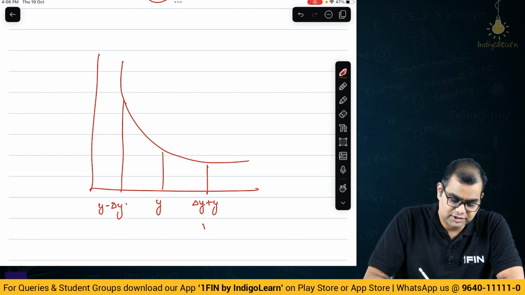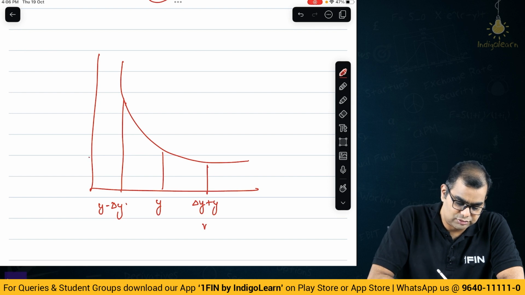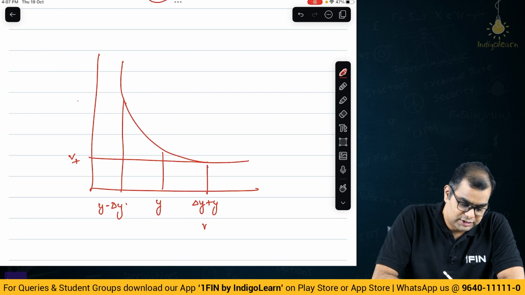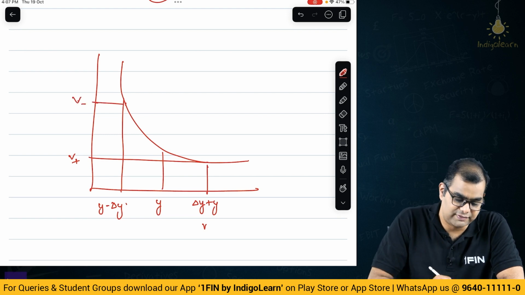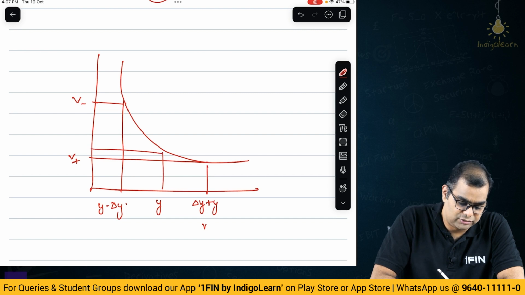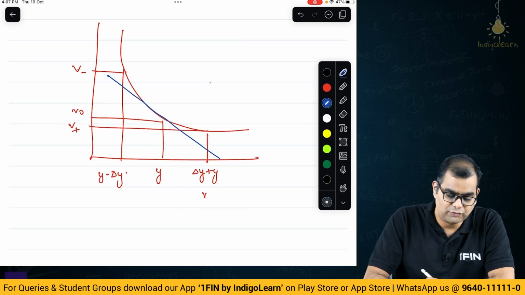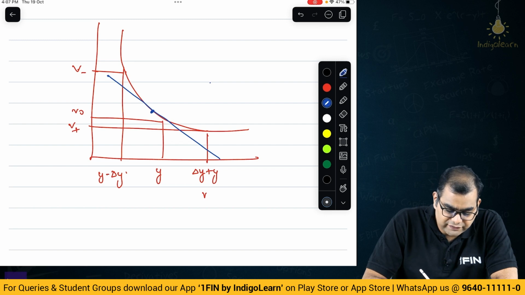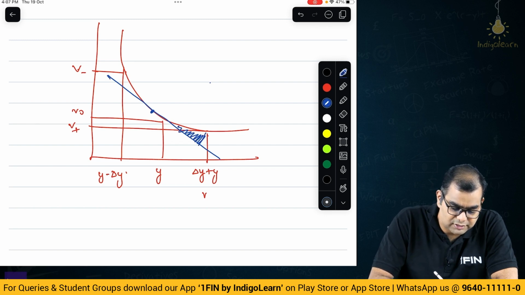This particular value is called V plus, that is when yield increases, what is the value? This particular value is called V minus, that is when yield decreases, what is the value? And this particular value is called V0. So, what you are basically trying to do at this point is figure out this particular gap.